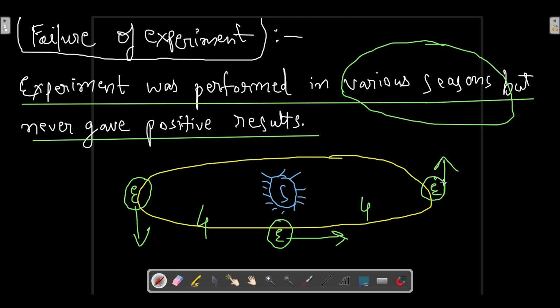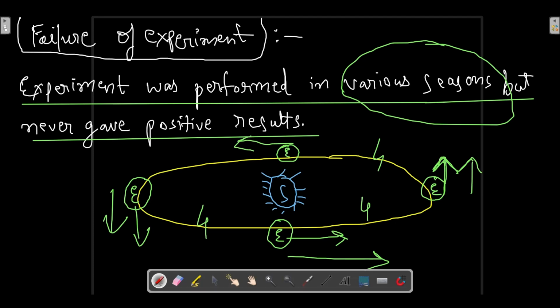This particular arrow goes inside the plane, this one comes out of the plane, and this one is in the rightward direction. After 4 months again, the earth will come over here, and then the velocity will be in the leftward direction.